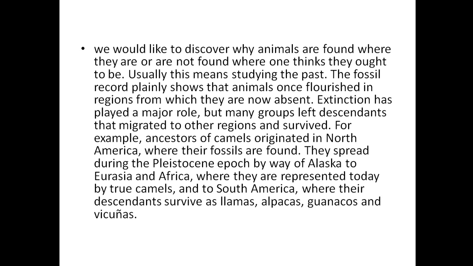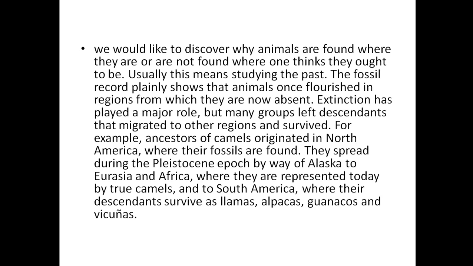Even during the Pleistocene epoch, the camels were found from Alaska to Eurasia to Africa. Even today we see those true camels in Eurasia and Africa.